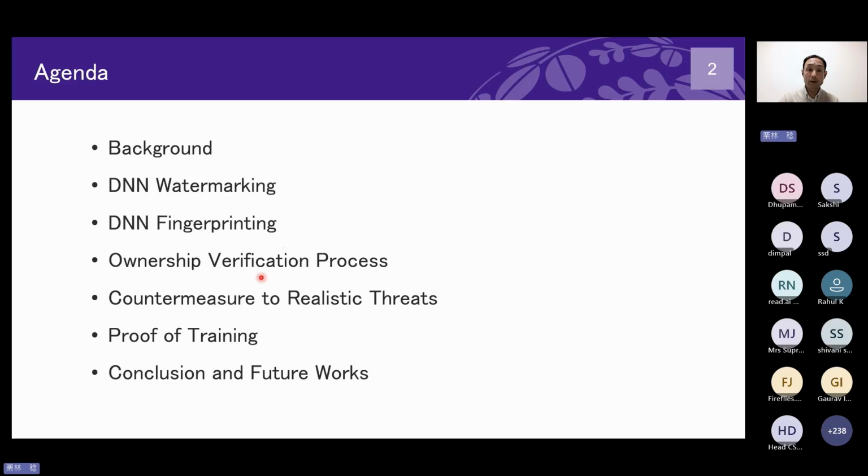Then we move to the ownership verification process based on watermarking and fingerprinting, and also consider the countermeasure to realistic threats. And then move to other topics like proof of training, which is a kind of proof of the DNN model's training process. Finally, I'll conclude this presentation and talk about some future work related to this topic.